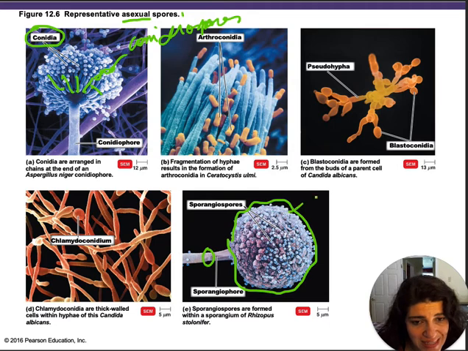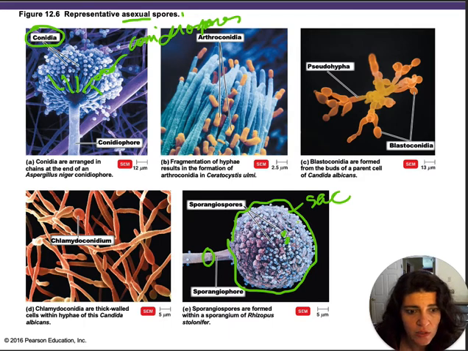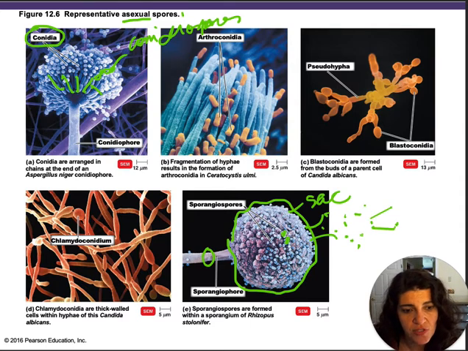It's like a bag, and this sac contains tiny spores that are not connected to each other. They're all loose inside the sac, sporangiospores. And one day this ruptures and all these spores fall in the environment, in the soil, and each one of them is going to give rise to a new fungus.